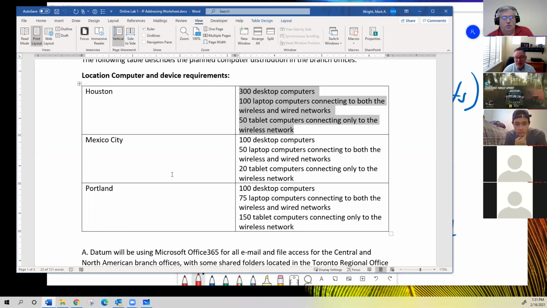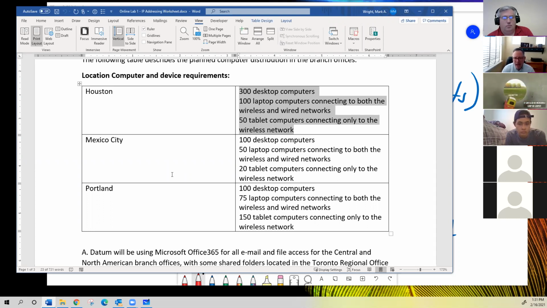Yeah. So people could come with their laptops and just open them up and be wireless, right? So what's worst case scenario? All 100 laptops come into the office, open up, do not plug into a cable, and they're all on the wireless. And so the maximum is 150, right?